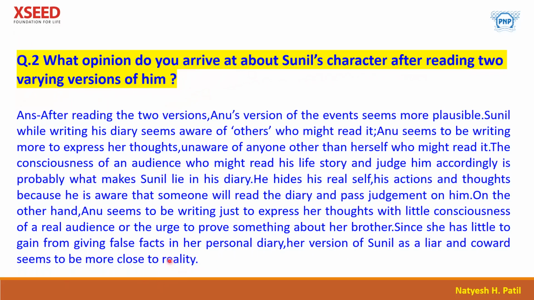Since she has little to gain from giving false facts in her personal diary, her version of Sunil as a liar and coward seems closer to reality. Correct? Very good. I hope you have understood this. If not, read it once again and you'll come to know. For better understanding of these questions, first go through the lesson completely once again, because we took it some 15 days back. You need to revise it first.